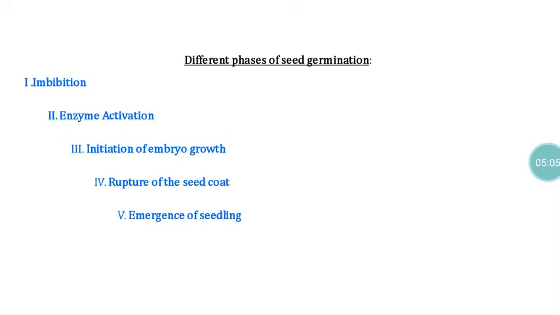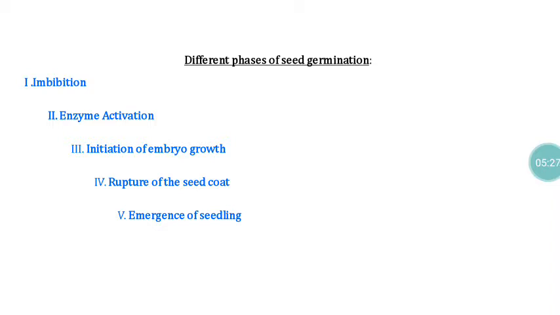Here the embryo undergoes cell multiplication and elongation, and side by side organogenesis, that is, root and shoot formation. Once cell elongation takes place, the seed coat is not able to withhold its structural integrity.